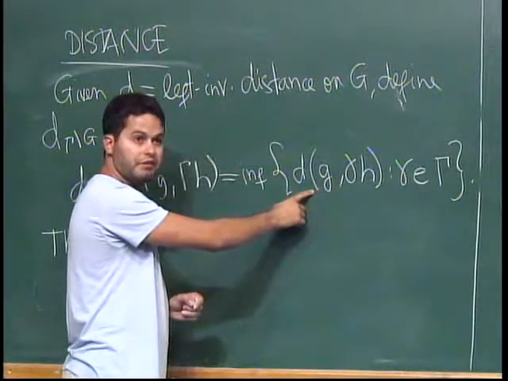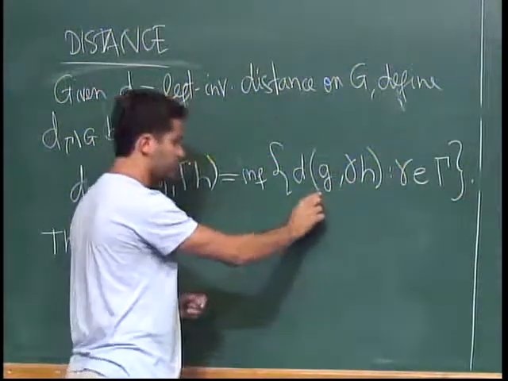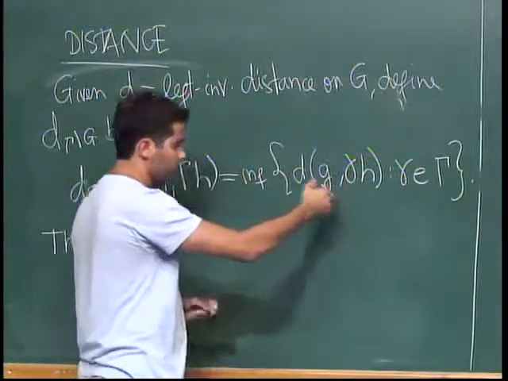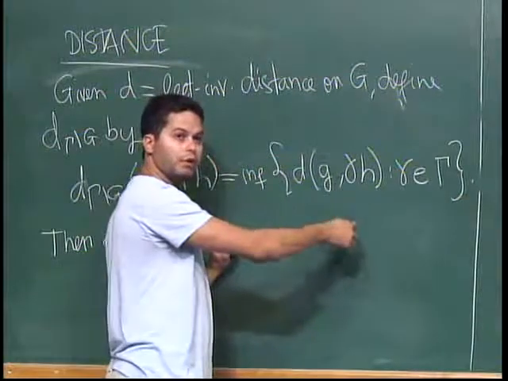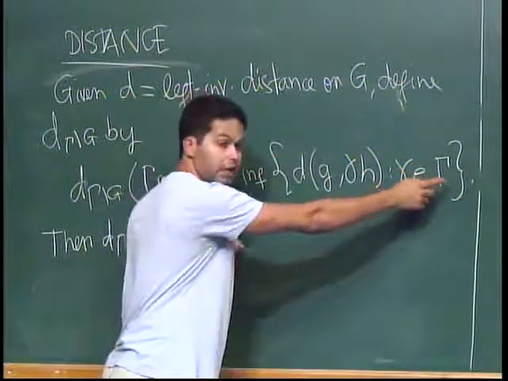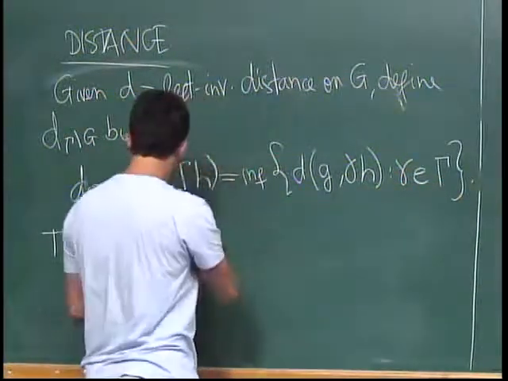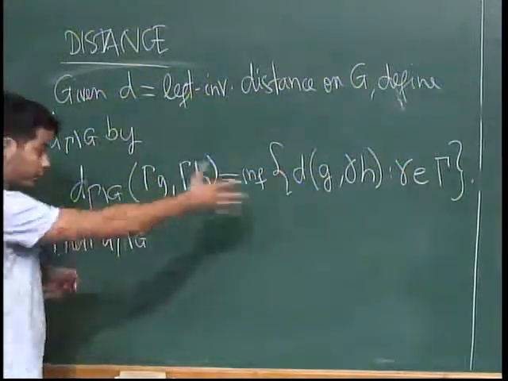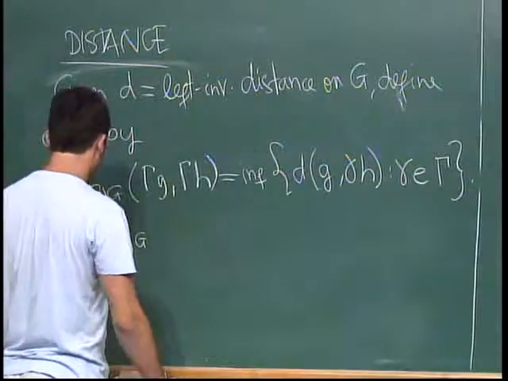You are using the left invariance. Once you put it on the left side, it gets gamma to the minus 1, but it makes no difference to run over gamma minus 1 or gamma, because the big gamma is a subgroup. So you get that this distance is symmetric. So here we actually use the left invariance.